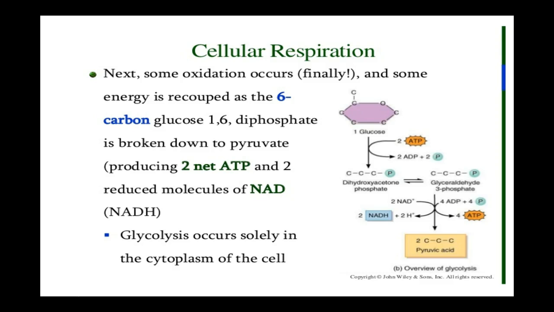Remember, oxidation is loss. And what you're going to have then is ATP making: you add a phosphorus to 2 ADPs, so you're actually going to make 4 ATPs. So the end product of glycolysis is 4 ATPs, but remember you use 2 to make them, so the net gain is 2 there.